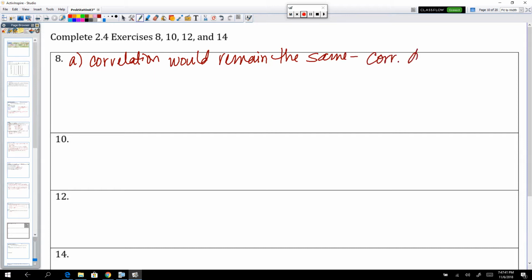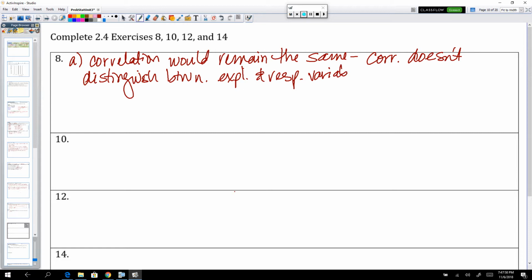Correlation doesn't distinguish between explanatory and response variables. And I would star this note for yourself because it's an important one. It may pop up in a multiple choice question.